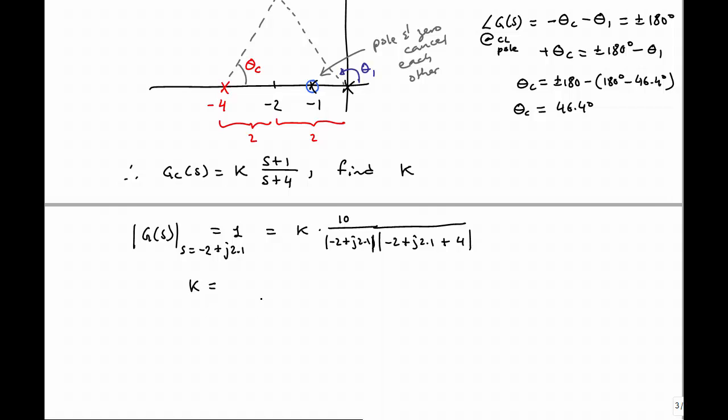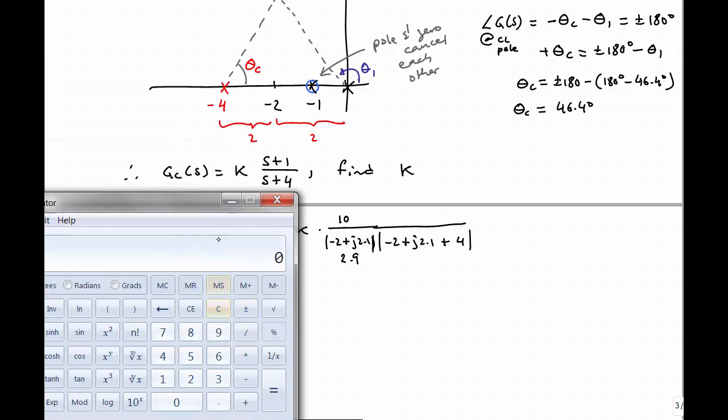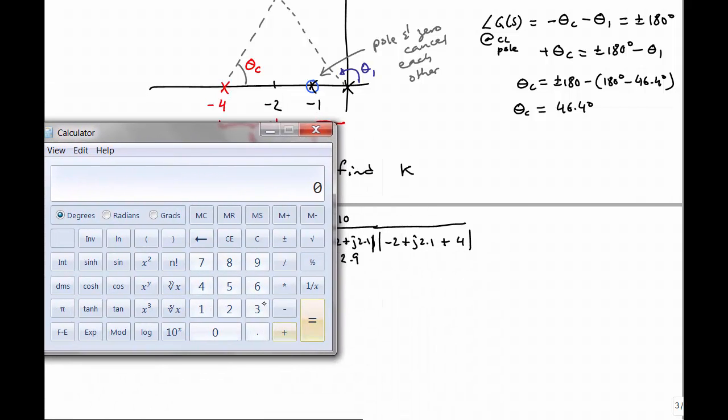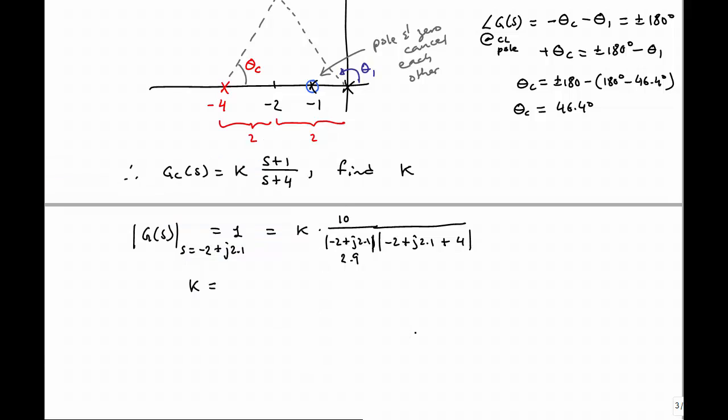Therefore, K is going to be equal to, let's just work this out, the magnitude of the first term here is 2.9, and our second term is 2 squared, which is 4, plus 2.1 squared, take the square root, also 2.9. I should have seen that because these are isosceles, equal sides.